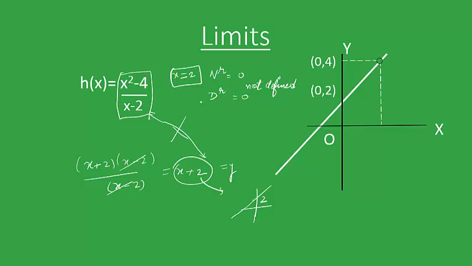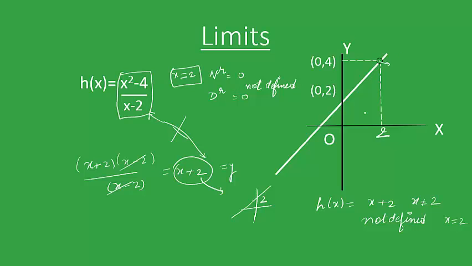So basically the function is similar to x plus 2 at all points not equal to 2, that is h(x) is equal to x plus 2 for x not equal to 2, and not defined at x equals 2. To make a graph like this, we draw x equals 2 and put a blank hole, this circle, at x equals 2 to symbolize that the function doesn't have a value at this point.